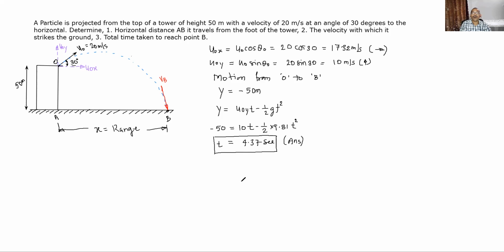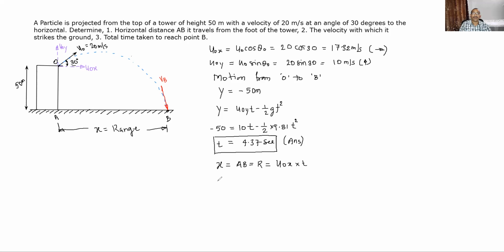Now, if you know how much time it takes, the time of flight, you can easily find this horizontal distance x, which is the distance AB asked in the problem. That is also called the range. Our first equation along the x-axis is x = u0x into t.